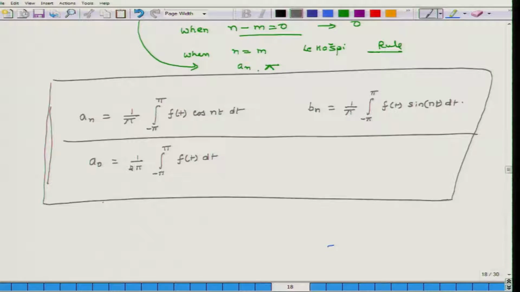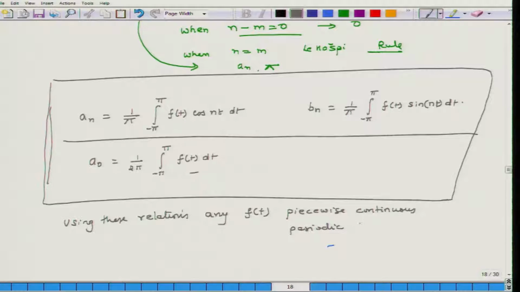So, these relations work. Using these relations, we can break any f(t), and this f(t) has to be piecewise continuous and periodic such that its time period is 2 pi.